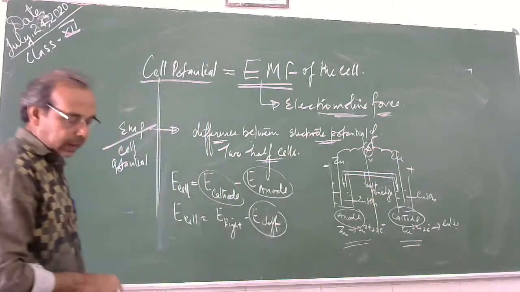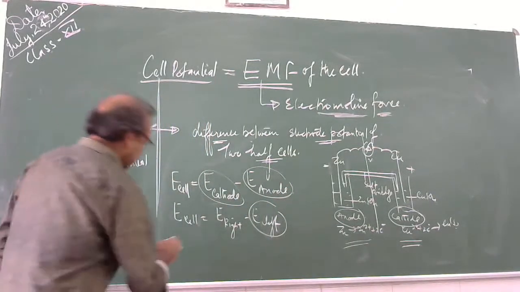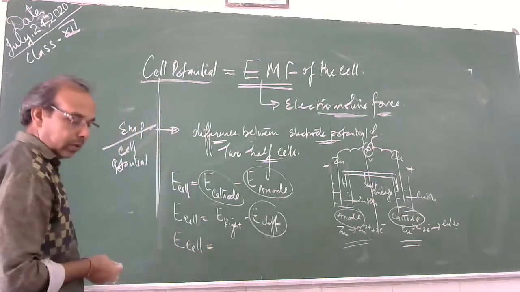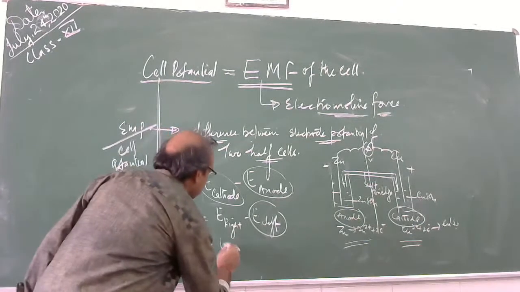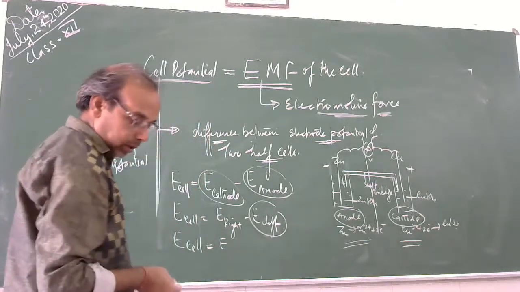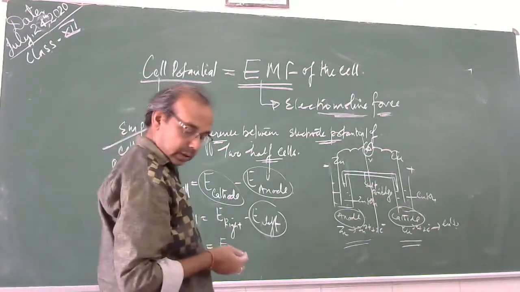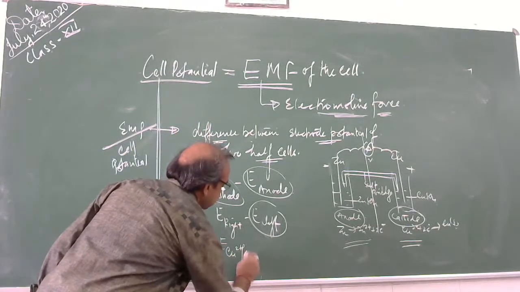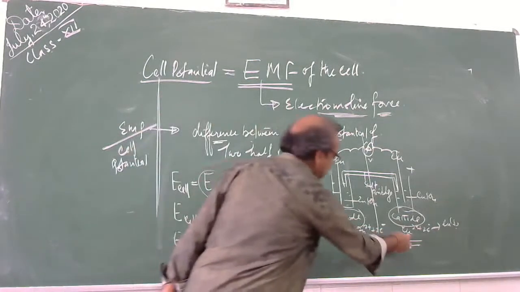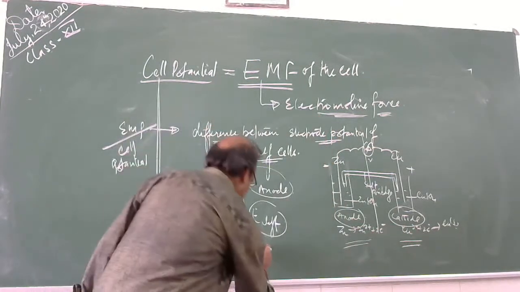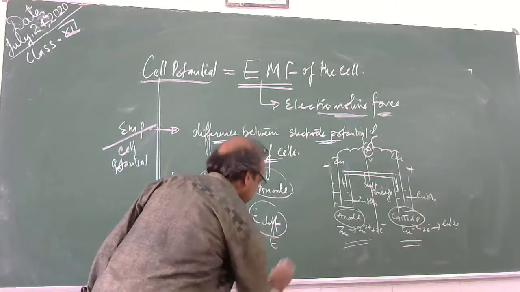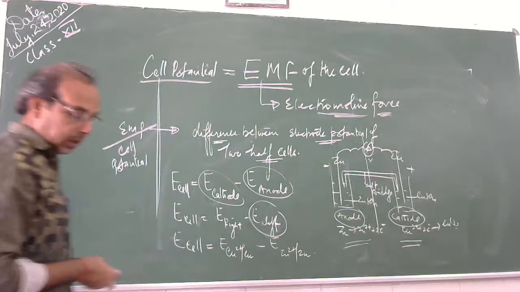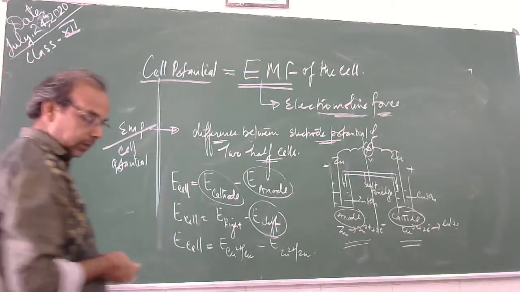We can say E cell is equal to E of Cu2+/Cu, because we are writing for the cathode, minus E of Zn2+/Zn.